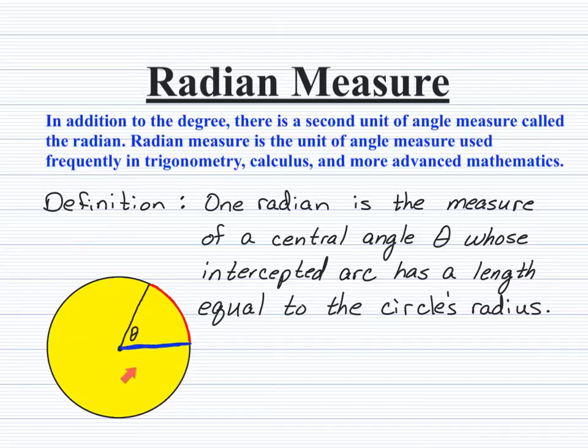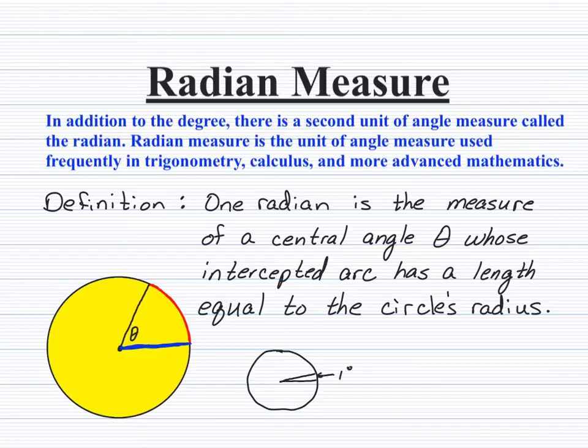All right, so let's translate what that means. If you have a circle right here, and we want to figure out how much this angle is going to be, let's think about degrees for a second. If you have a circle, 1 degree would be a very small measurement.